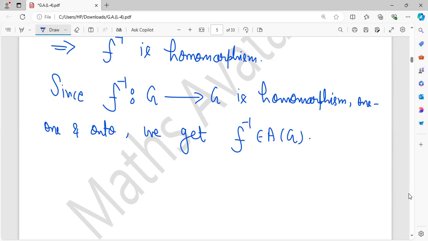Next, we have to show that f composed with f inverse is identity.